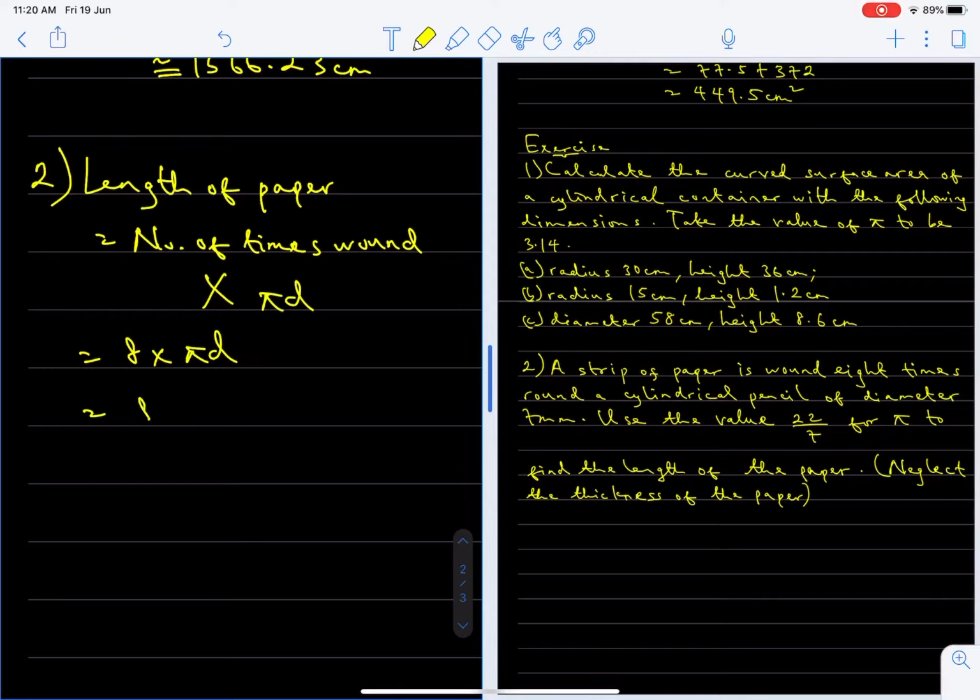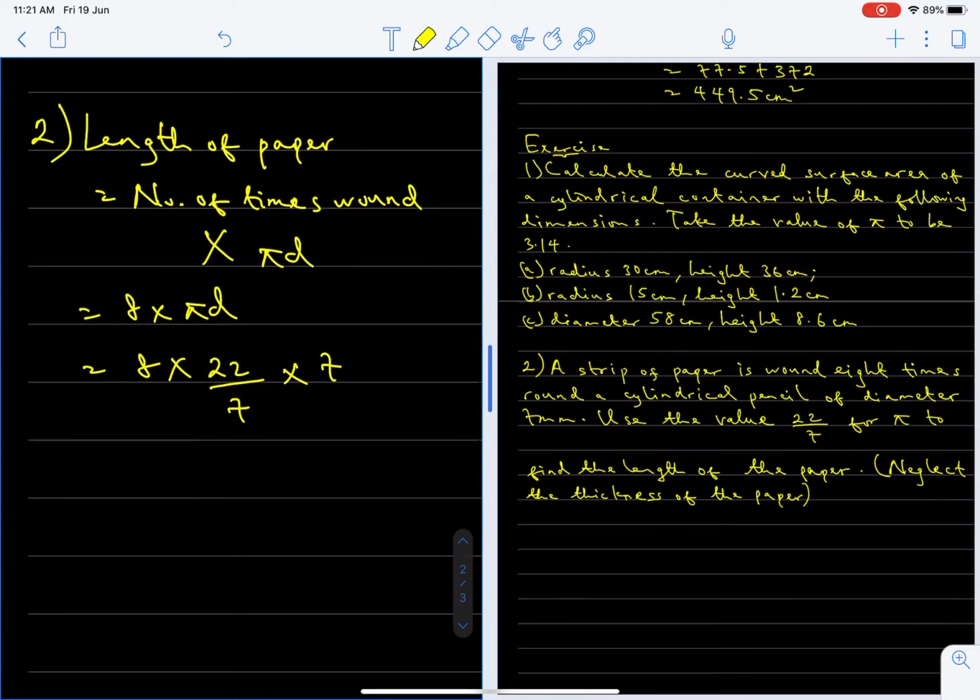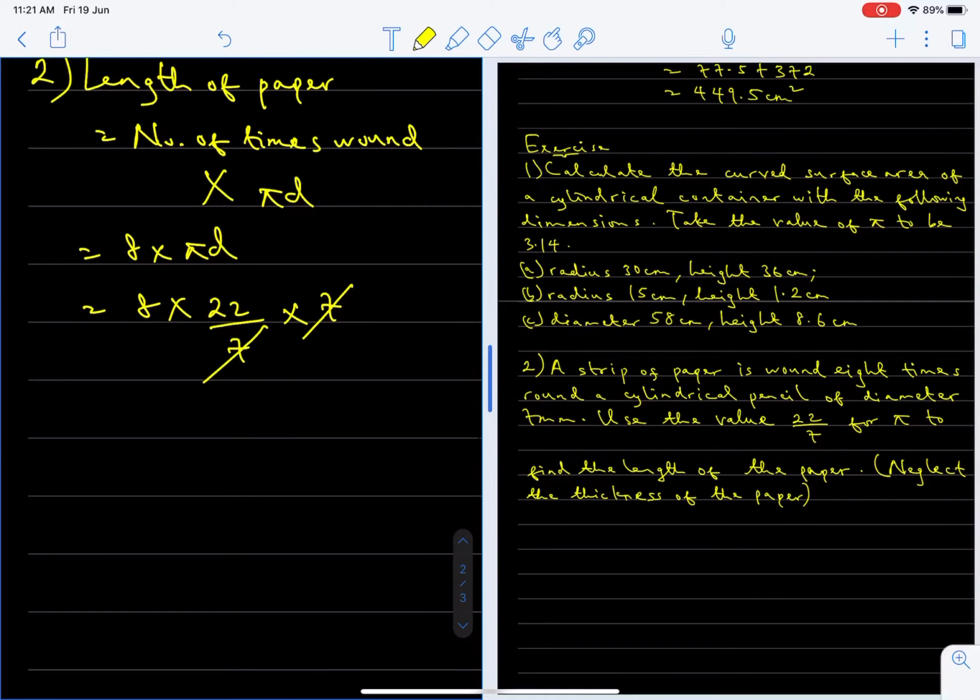The diameter is 7 millimeters, so that's 8 times 22/7, which is the value we have to use for pi, multiplied by 7 millimeters, which is the diameter. 7 cancels 7. And the answer is 8 times 22.